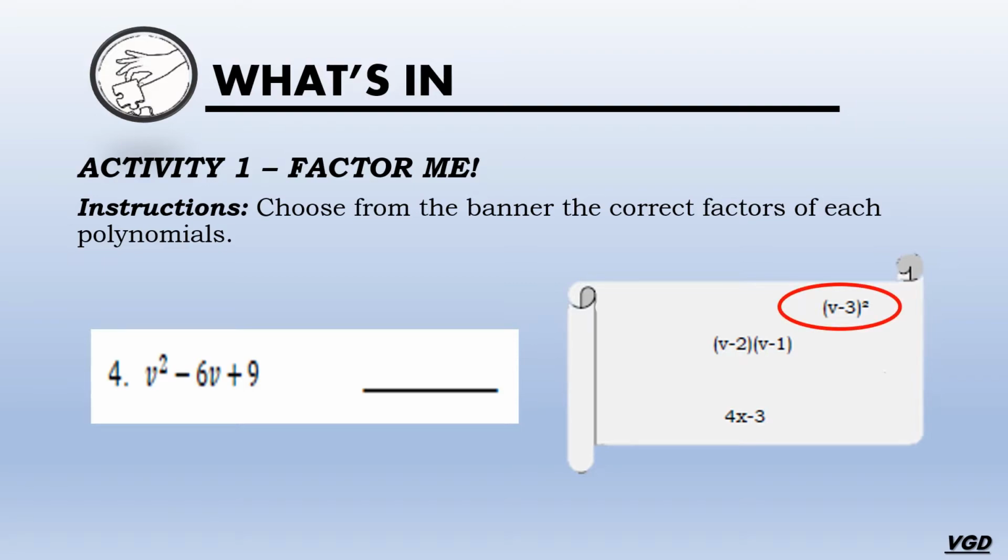Using the FOIL method, we can check that v minus 3 times the quantity of v minus 3 is equal to v squared minus 6v plus 9. Therefore, v squared minus 6v plus 9 is equal to the quantity of v minus 3 squared.